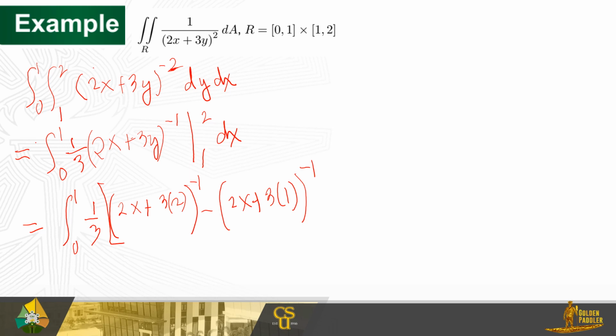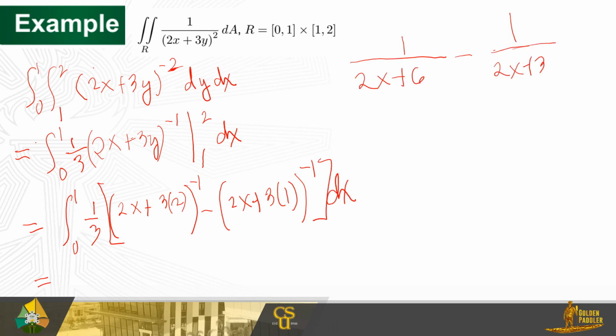Okay, so let's try to simplify this one. So maybe dito lang sa gilid. Okay, so meron tayong, anyway, yung 1/3 is separate lang natin muna. So integrate muna. Okay, so i-evaluate muna natin tong function na nasa loob, no? Ito lang. So we have 1 over 2x plus 6. Then ito 1 over 2x plus 3 kasi yung exponent is negative 1.